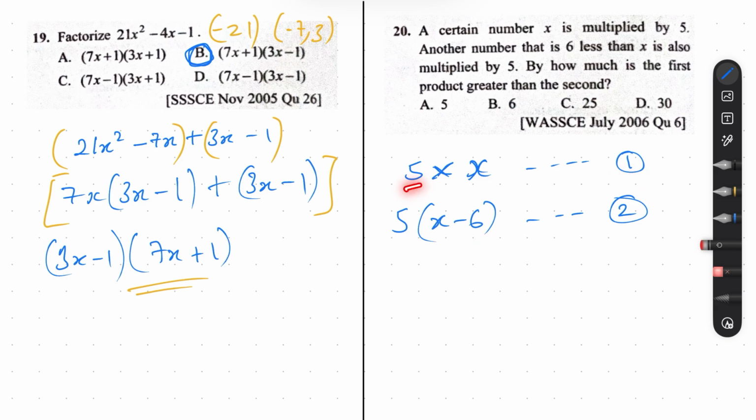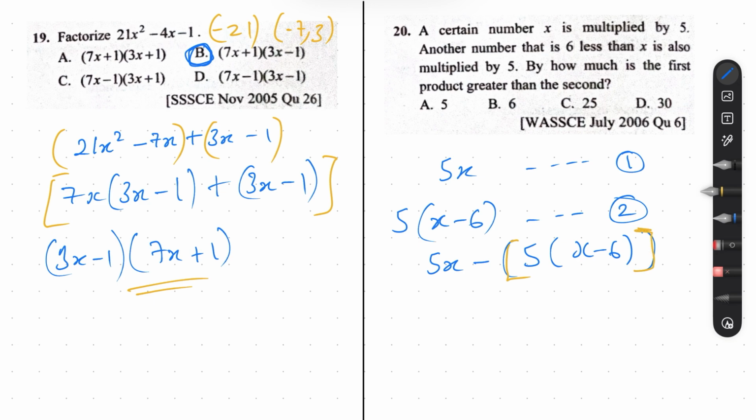We know that 5 times x is the same as 5x, so let's write 5x minus, in brackets, 5x minus 6, because this is a bracket on its own.